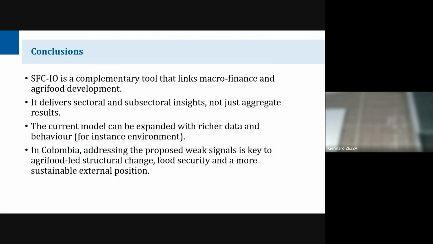So there is room to improve this preliminary work, but still, we can see from the stylized facts and from the modeling that agri-food-led structural change could be a strategy that Colombia could implement, at least to improve, not solve, but improve the external balance position that is deteriorating, at least after COVID. So that's all.